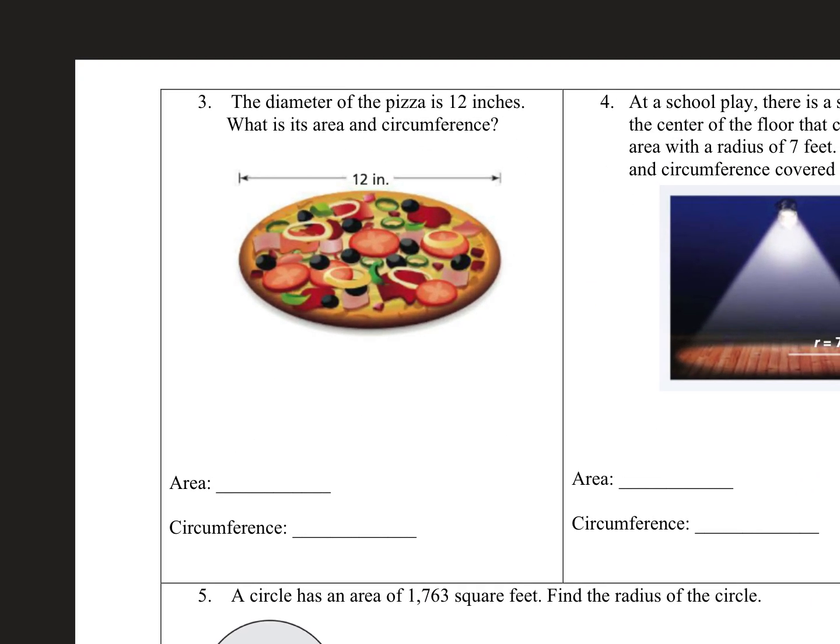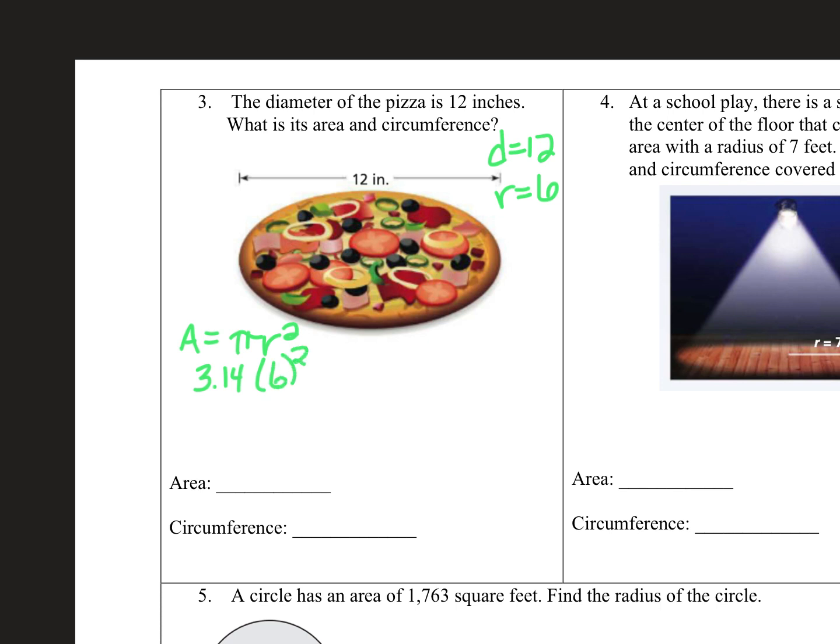All right, for number 3, we have a diameter of a pizza. The diameter is 12 inches. What is the area and the circumference? So if my diameter is 12, then my radius is 6. Area is pi times radius squared. That's 3.14 times 6 squared.